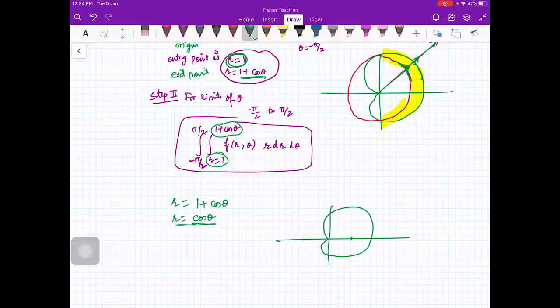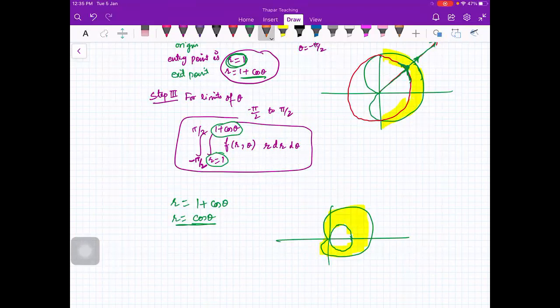So this is 1, something like this. Then it means that you are looking for this region, inside the cardioid and outside the circle. Is that okay? Yes, ma'am.